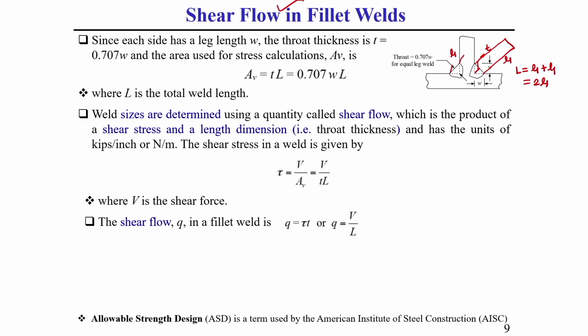So, what is the throat cross sectional area? Throat cross sectional area will be throat thickness into length of the weld. So, throat cross sectional area AV you can write as throat thickness T into total length of the weld.